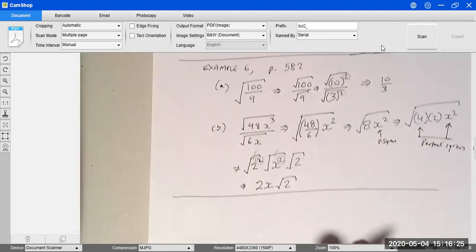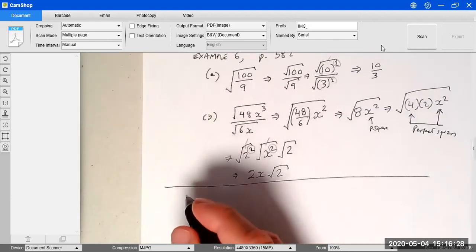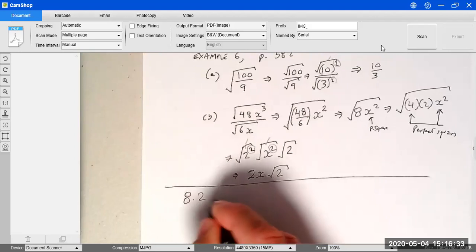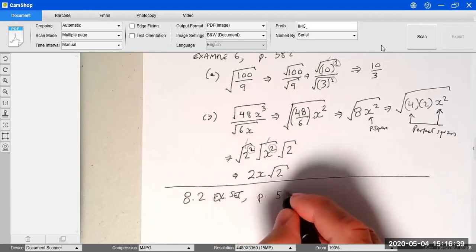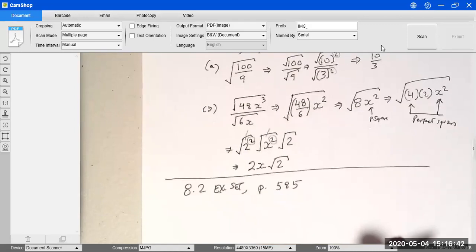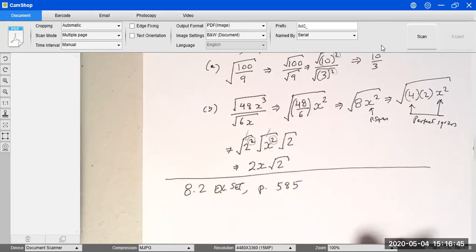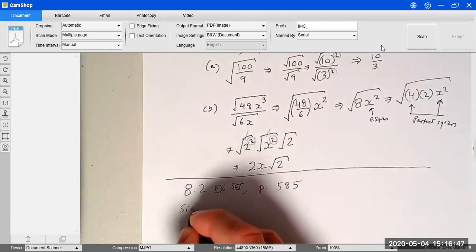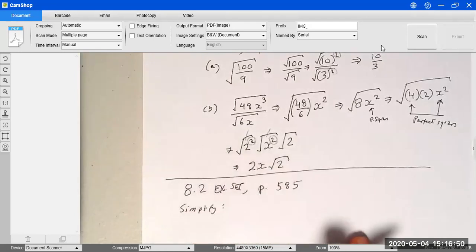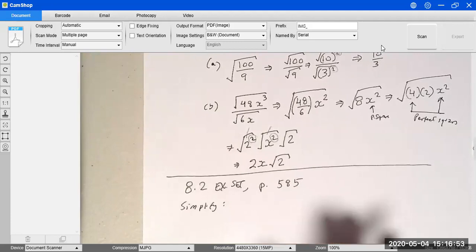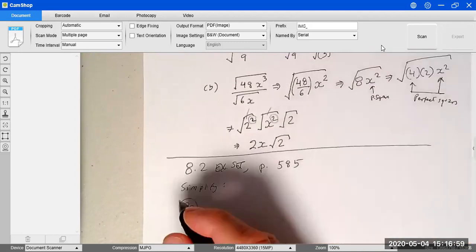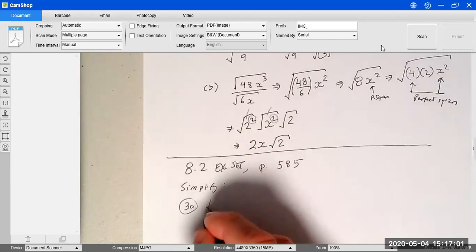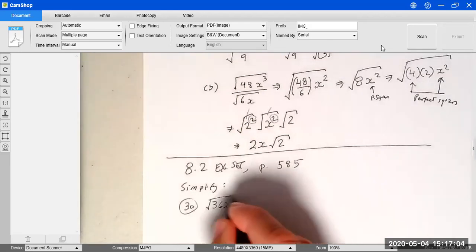So now it's going to be your turn to work problems from the same exercise set as before. So we have exercise set 8.2 on page 585. So let's see. You're going to simplify first. So we have problem 30, which is the square root of 36x squared.